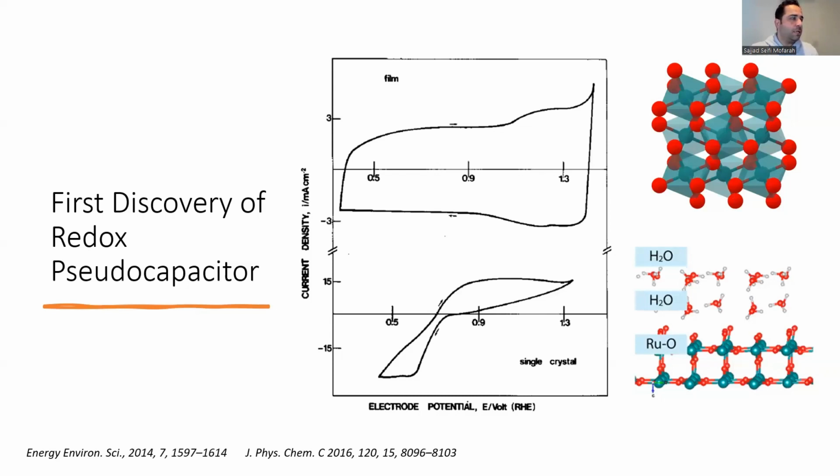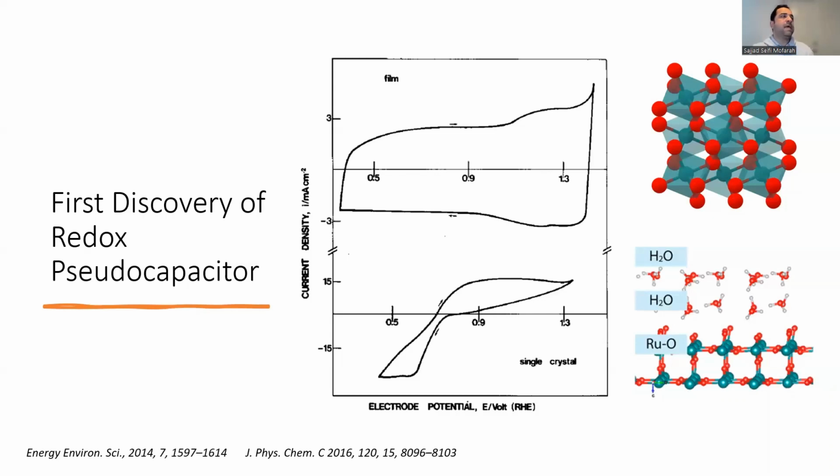In this slide, the middle figure compares the electrochemical performance of ruthenium oxide as a film and as a single crystal. If you look at the voltammogram of the single crystal, it doesn't have similar behavior and performance as the film, because the film is nanocrystalline, hydrous, and porous.